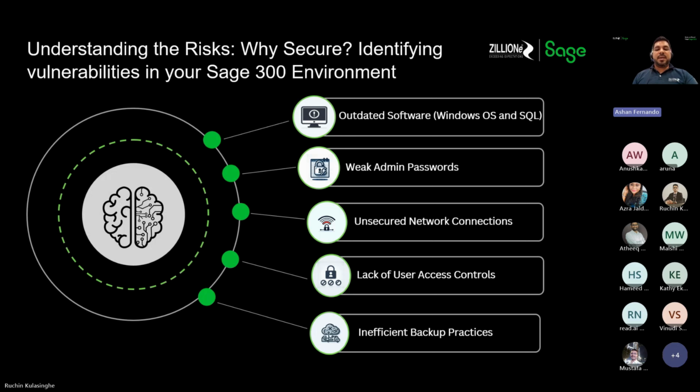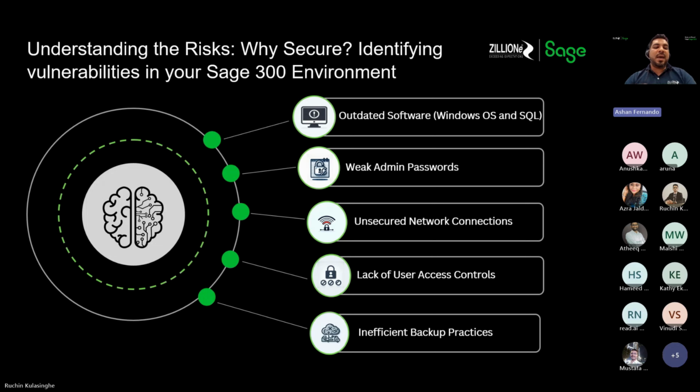As a last point, efficient backup practices. In backup practices, this is the most important thing, because if you get a ransomware attack or a hacker gets in, now there are so many hackers and ransomware in the environment.